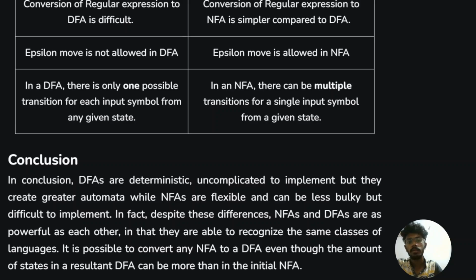In fact, despite these differences, NFAs and DFAs are as powerful as each other in that they are able to recognize the same classes of language. It is possible to convert any NFA to a DFA, even though the number of states in the resultant DFA can be more than in the initial NFA.